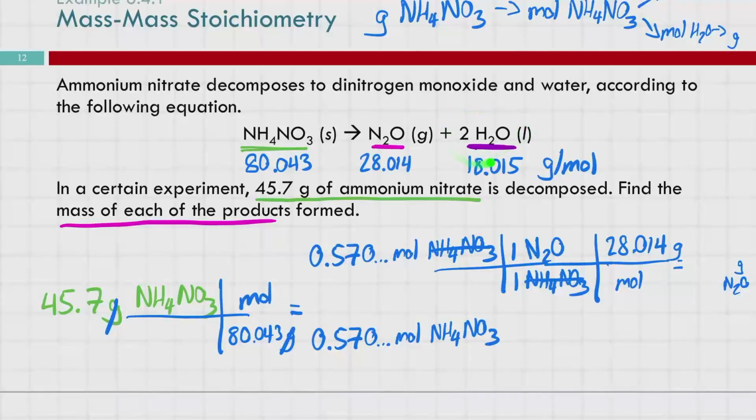For our other product, our water, for every ammonium nitrate that we put in, we get out how many H2Os? 2. So are we multiplying by 2 or are we dividing by 2? Multiplying by 2 because we're going to 2H2O.